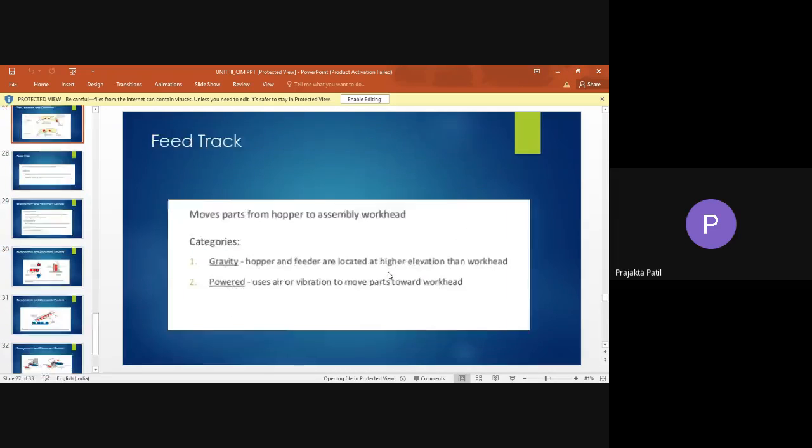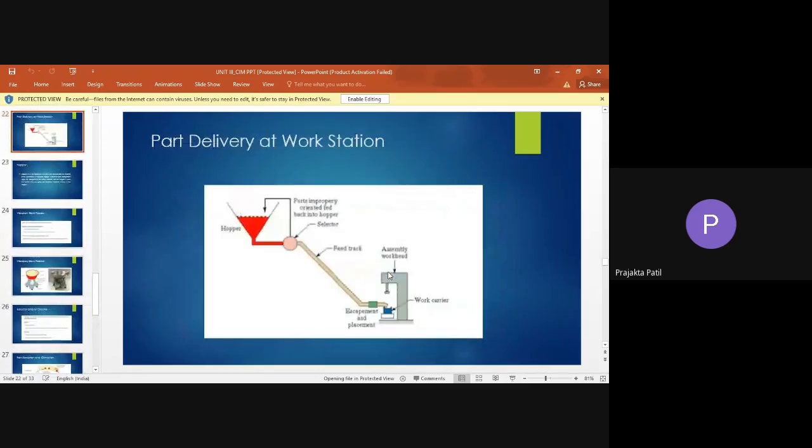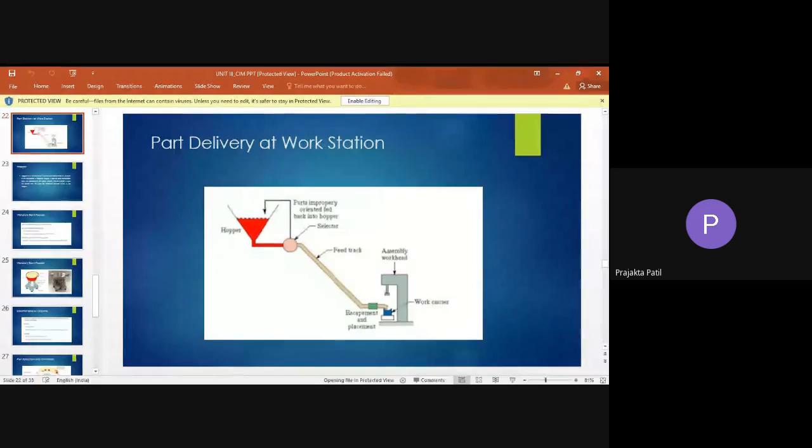So these are the different hardware components of a part delivery at workstation. There are different mechanisms which are available, like either you can go for the gravitational one, or there can be some power supported mechanisms that we have in place. So I will quickly show you one video.